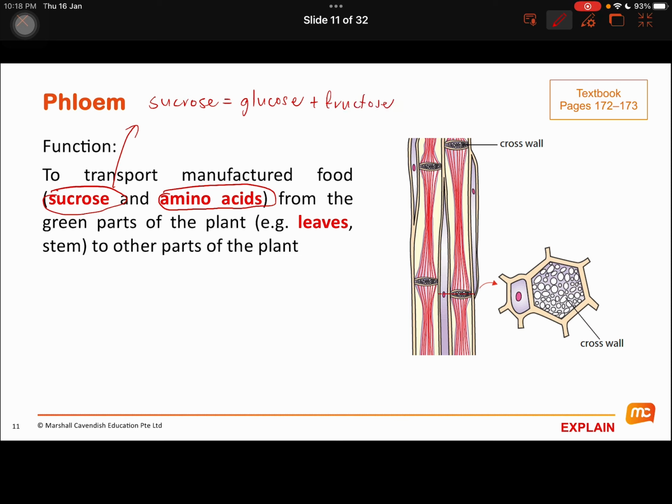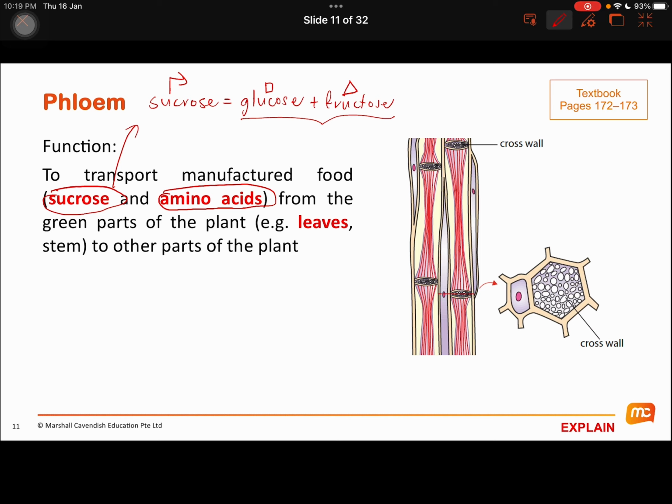So glucose and fructose combine together to give you sucrose so that food can be transported more effectively. Instead of transporting 1 unit of glucose at a time, by combining the glucose and fructose, 2 units of single sugar can be transported at all times in the form of sucrose.